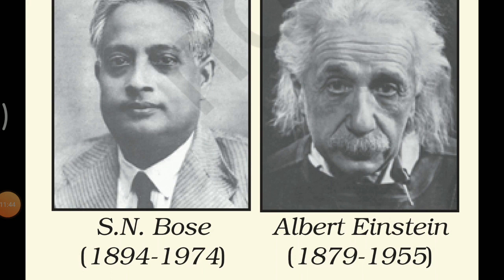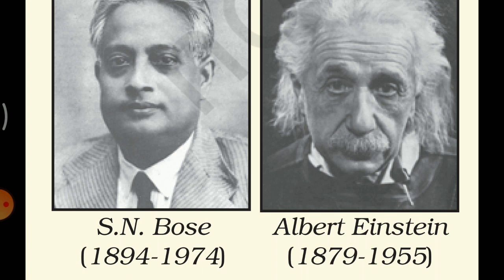Before going to the fifth state of matter, we should also know about two great scientists, that is S.N. Bose and Albert Einstein. In 1920, Indian physicist Satyendranath Bose had done some calculations for a fifth state of matter.